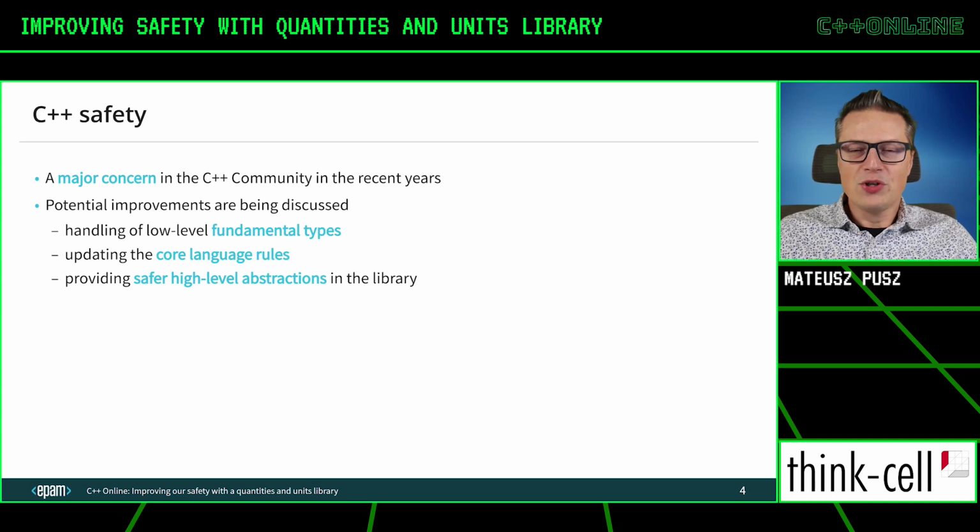And also, we try to provide safer, high-level libraries and abstractions. One example may be my physical units library, but there are plenty more, like safe integer types or, basically, safe numeric types. That is really important to happen. It's important to introduce in our libraries, in our code.